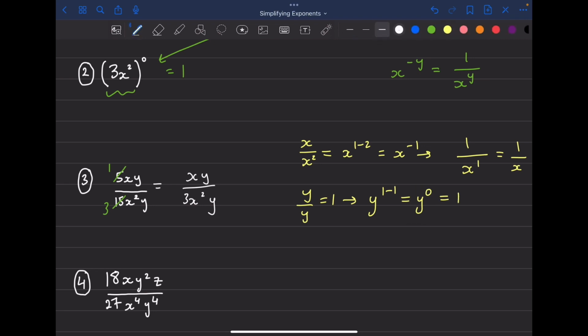But yeah, so now our final answer should be the x's simplified to 1 over x, and the y's go away. So we would have 1 over 3x, and we're done. Because the 3 stays there, the x's are simplified to 1 on the bottom, and the y's go away. So that's it, we are done.